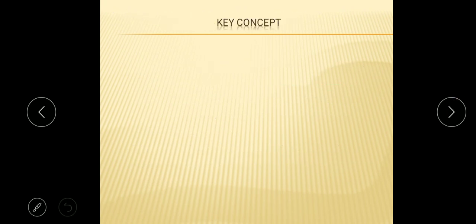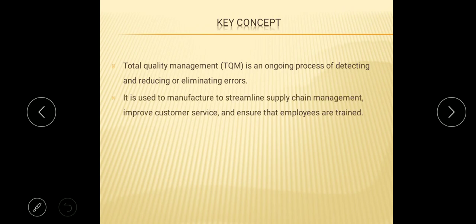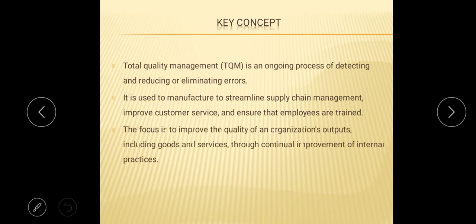Now, what are the key concepts of TQM? If we look at the key concepts, first of all, total quality management, or TQM, is an ongoing process of detecting and reducing or eliminating errors. Okay, so to decrease error, TQM is a necessity. Next, it is used to manufacture, to streamline supply chain management, improve customer service, and ensure that employees are trained.